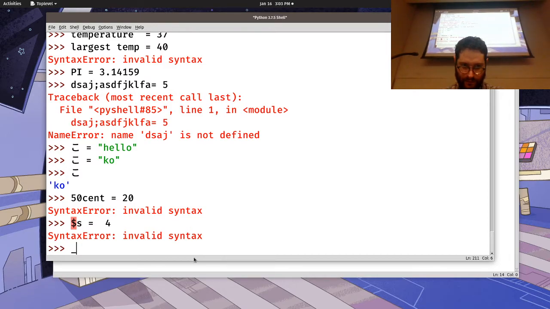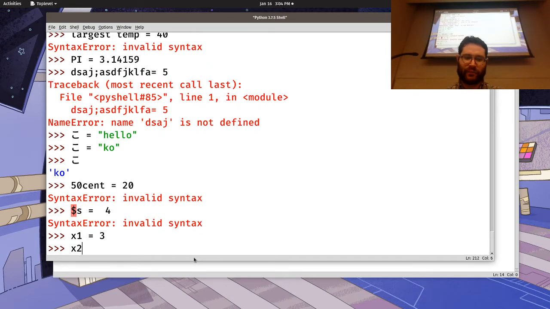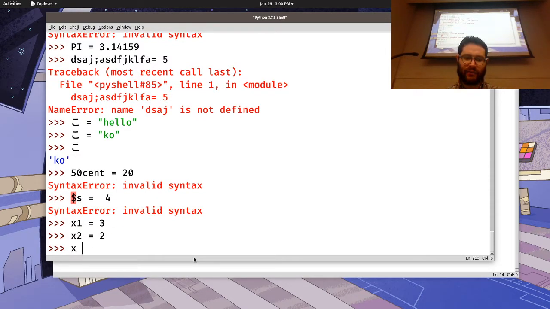Let's see. However, you can use numbers elsewhere, like num1, or actually another one, x1 is equal to 3, x2 is equal to 2, x3, so say you have like three x variables, right?